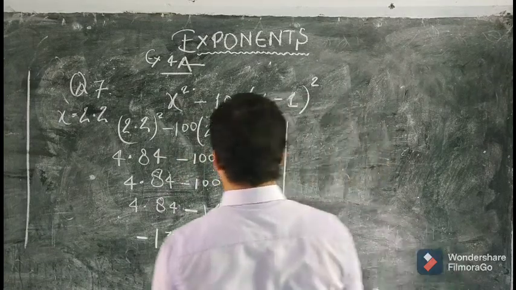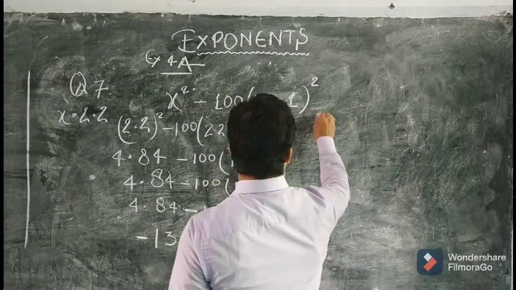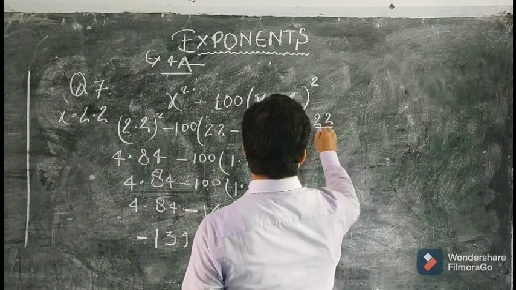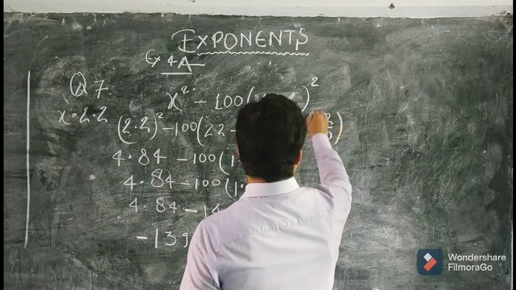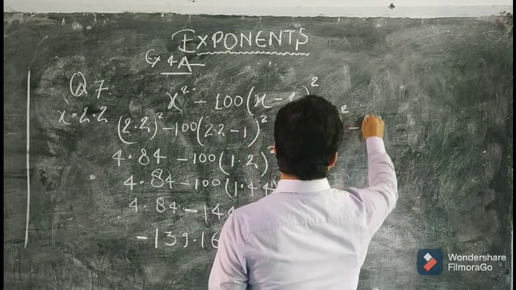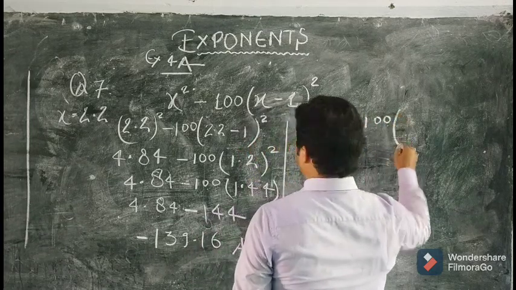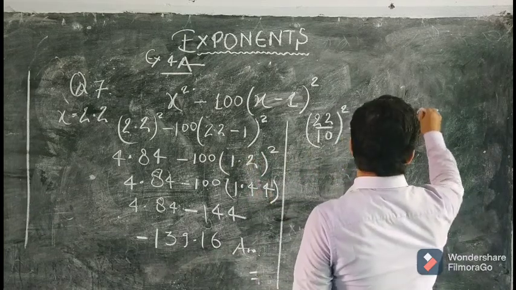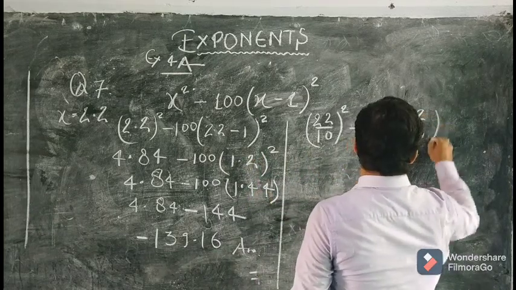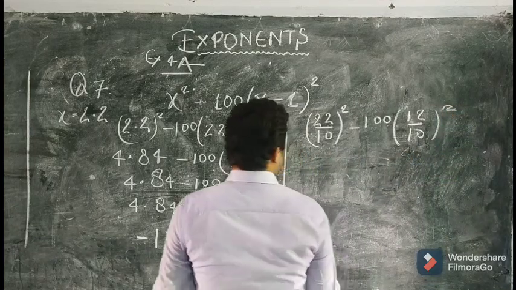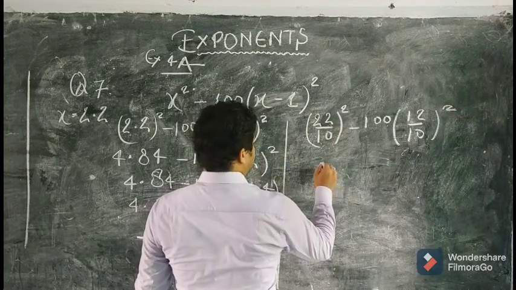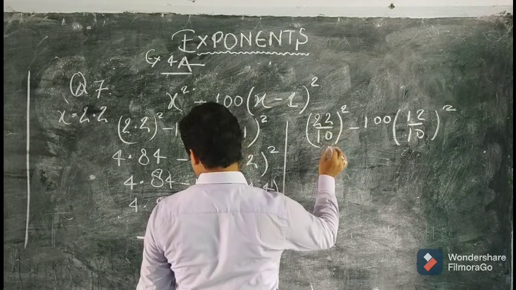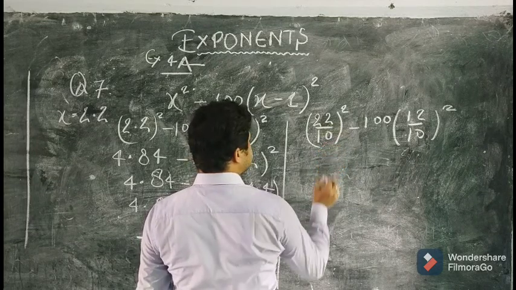In the other way, what you can do, this part is the same. So 2.2 can be written as 22 by 10 square minus 100. 2.2 minus 1 is 1.2. 1.2 can be written as 12 by 10 square. 22 square is, don't simplify it, because when the denominator is in multiples of 10, it will be easy to calculate.